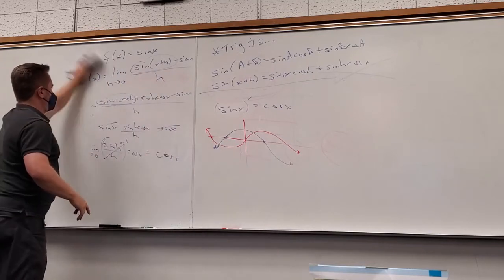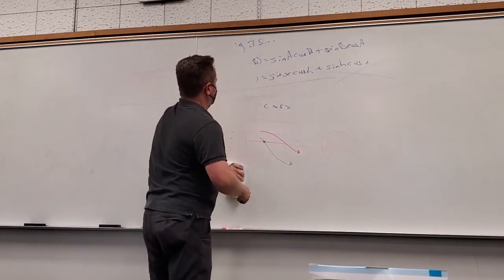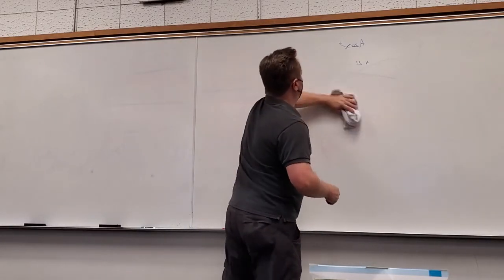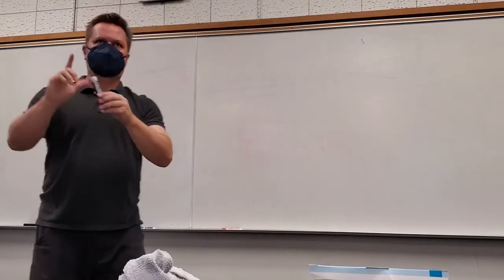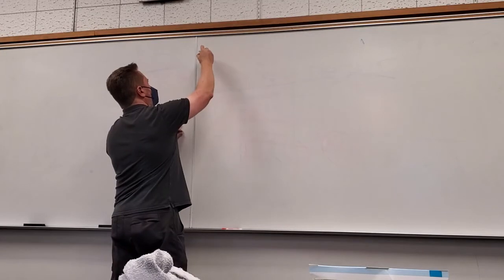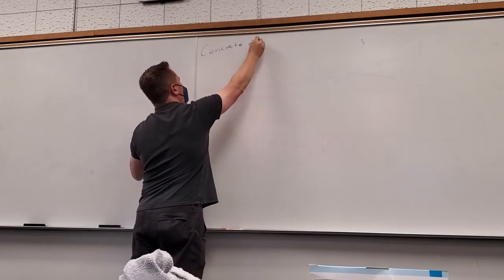So, what we're going to do. What we need to be able to do. So, for example, let me give us a concrete example of what we're about to do.